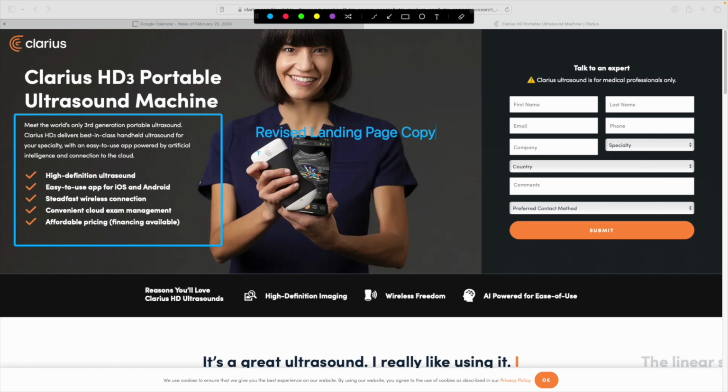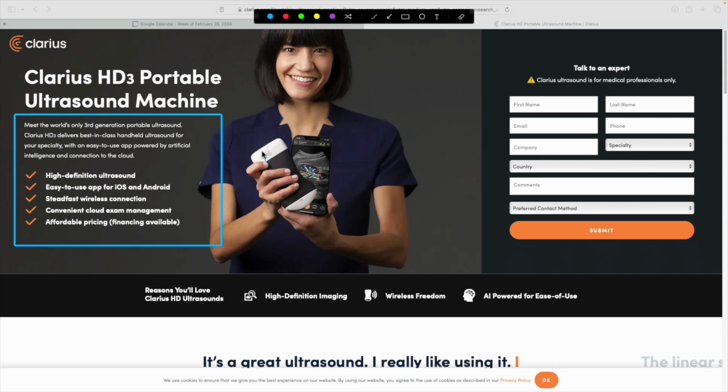What this page actually presents in terms of copy is product features, which, while it may be interesting to the customer, to make this landing page compelling, you really need to present these features and how they benefit the customer.